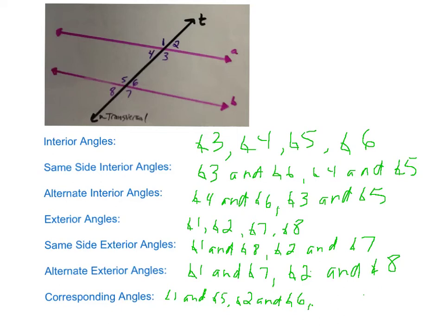We would also have angle 4 and 8. And the last pair of corresponding angles would be angle 3 and angle 7. Running out of space over there.